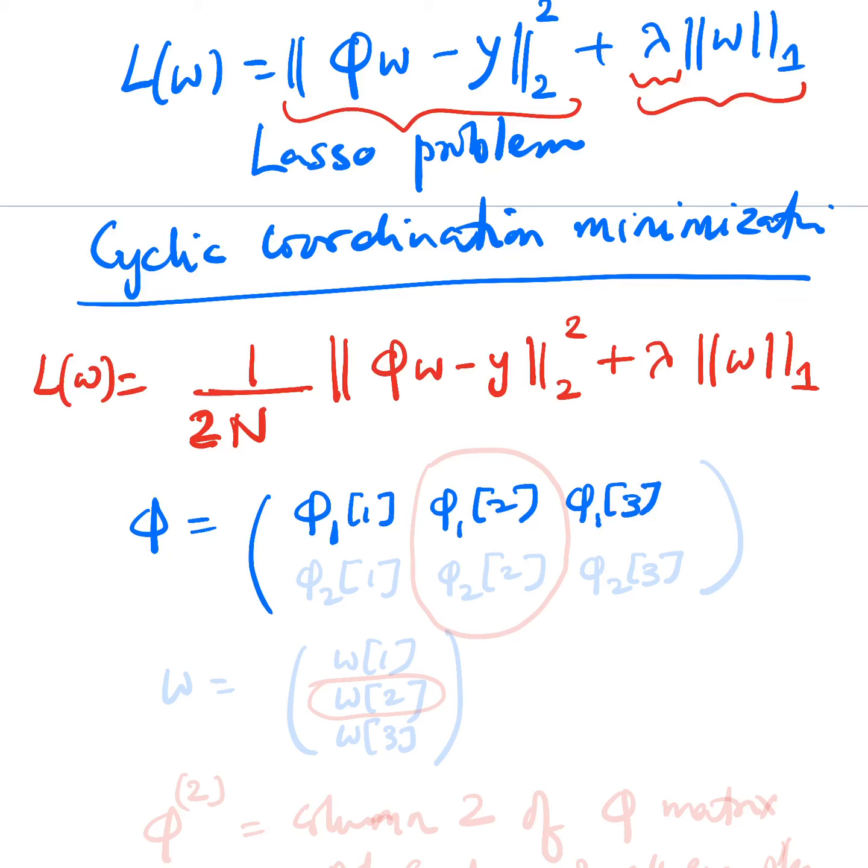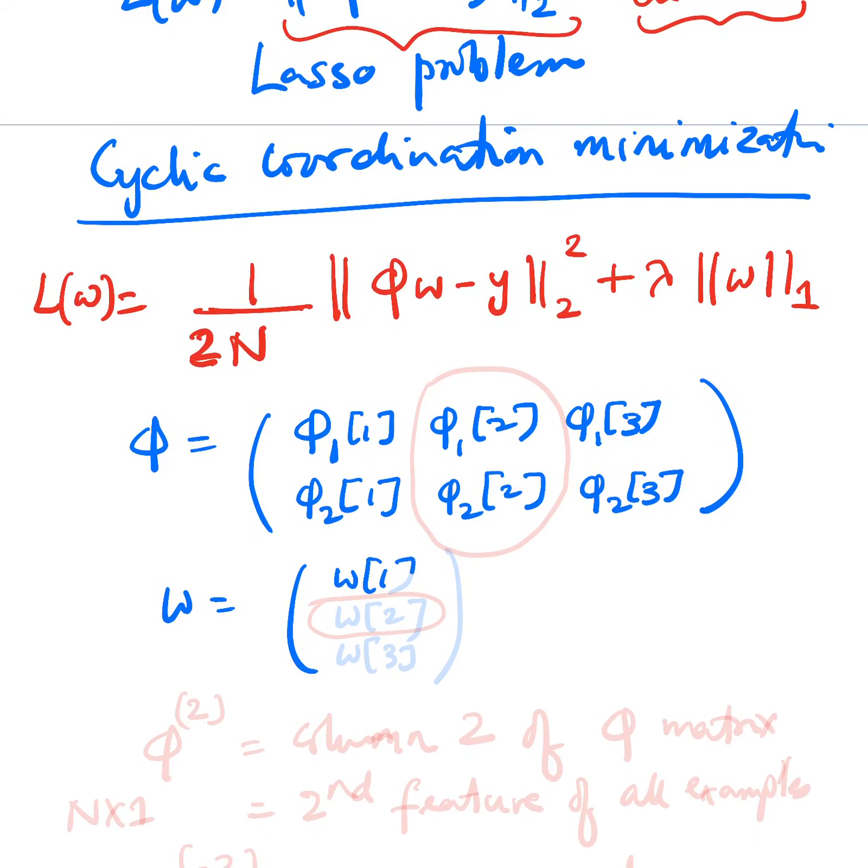So I have just three features, right? Each feature vector has three dimensions, and I have phi 2 1, phi 2 2, phi 2 3. So this is my phi matrix, and I'm going to multiply it by a W, which has the same number of dimensions as the number of features. So W looks like this, right?